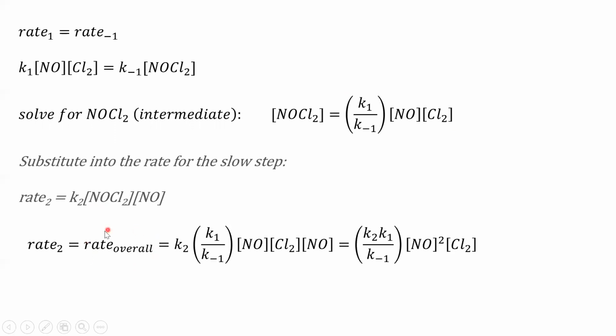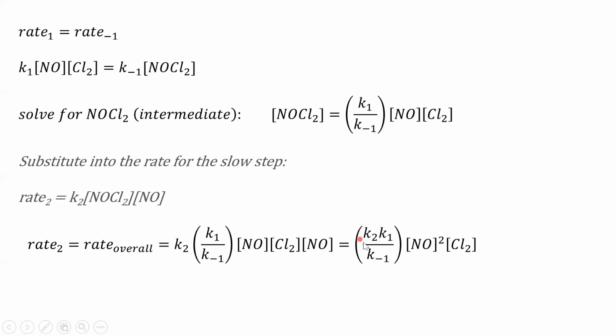The overall rate law will equal K2 times K1 over K prime times NO times Cl2 times NO. Now, we've got NO here and NO here, so we could just consolidate them and write NO squared.